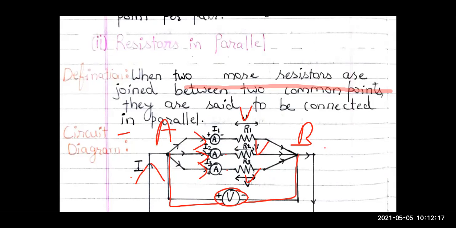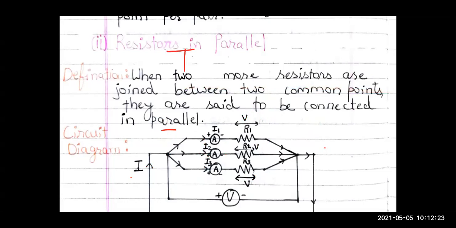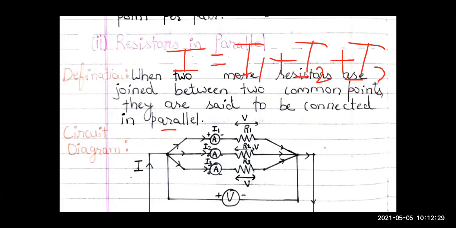So children, can we write for this, that is I, the current, equals I1 plus I2 plus I3? Yes, because we know current I is divided into three parts, I1, I2, I3. If I add I1, I2, I3, I will get total current I, right? So I equals I1 plus I2 plus I3.